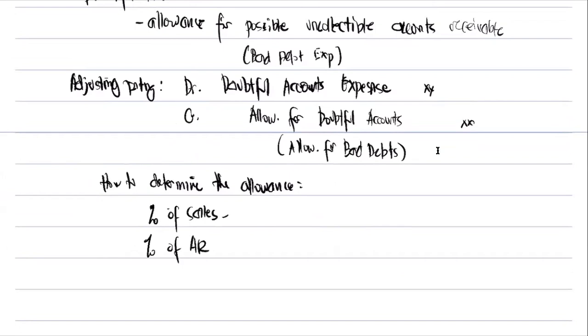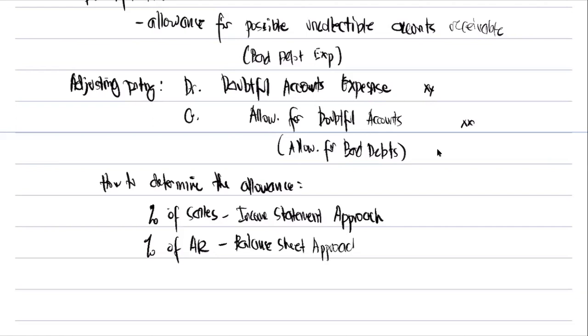Percentage of sales is known as your income statement approach. And percentage of AR is known as your balance sheet approach.